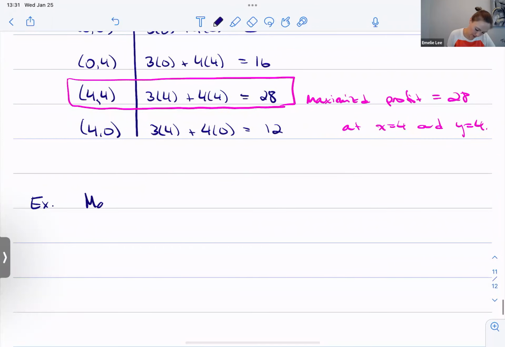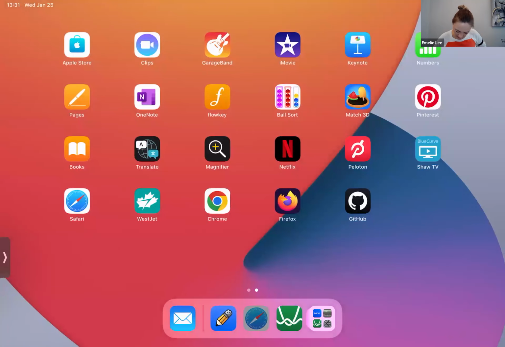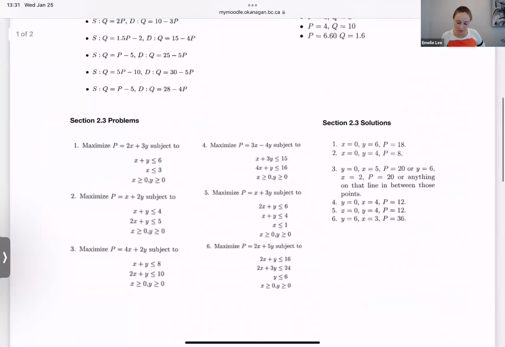We want to maximize the profit, which is x plus 1.2y. Now, I'm just going to duck back in and check how they're doing it. In these problems, it doesn't say profit, it says P, and it says subject to instead of restrictions.